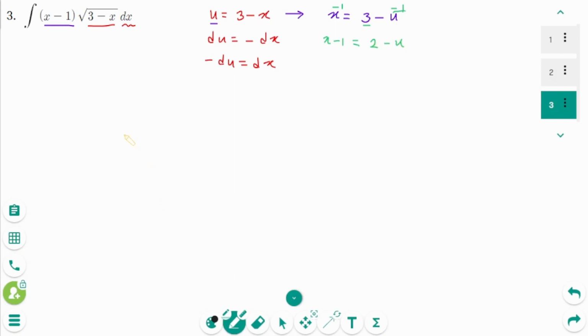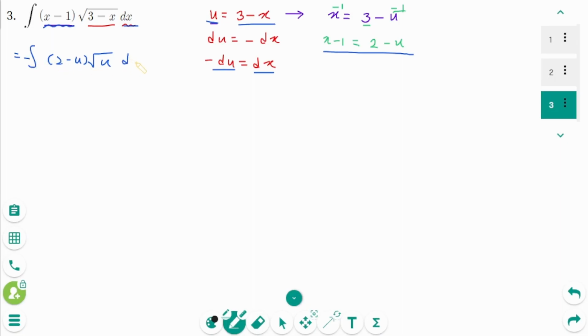Let's replace all x with u. The integral of x minus 1 equals 2 minus u. Square root of 3 minus x equals square root of u. Then dx equals minus du.